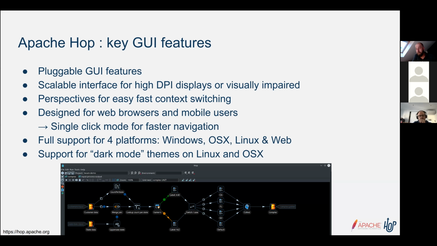The entire graph that you see in the screenshot is an SVG, a scalable vector graphic, so it scales pretty nicely. We have a couple of perspectives to switch between contexts for metadata management, search, and of course development.